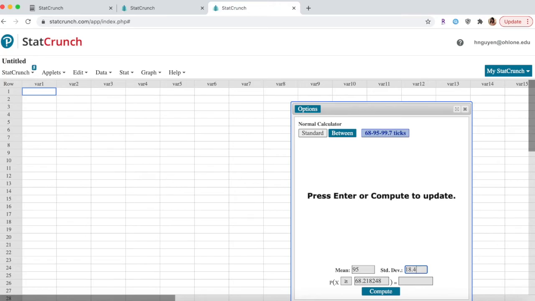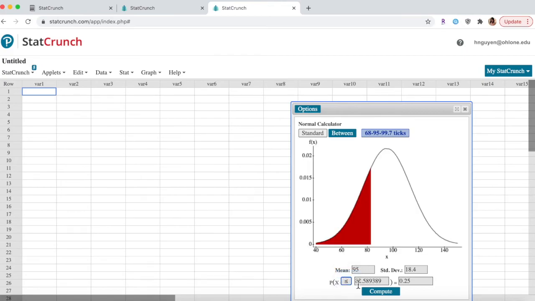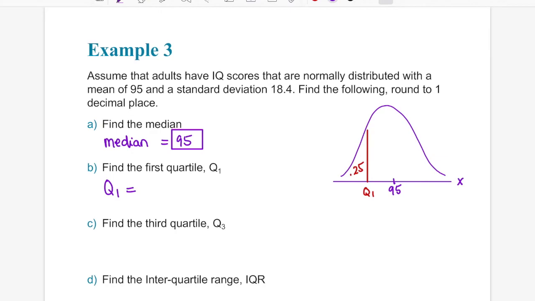I want to find Q1, which I know the probability is 0.25. And I want to change this into less than. This is my Q1. So my Q1 is 82.589389. And the question is asking me to round to 1 decimal place, which is 82.6.